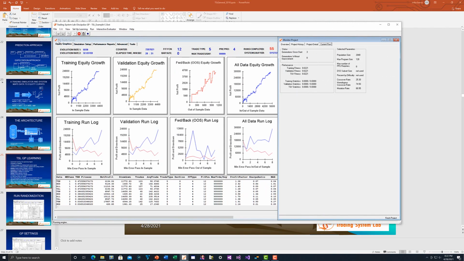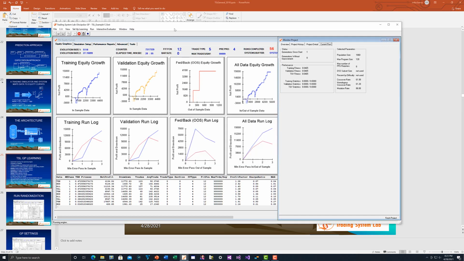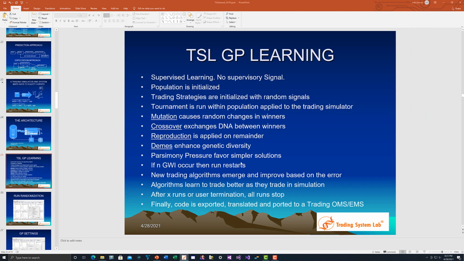Where is GWI? It's under setup learning options right here. I have it set at 1 because I want my GUI to update many times a minute, and for the purposes of this demo. Normally we run that at a higher level, like 3 or 5 or some higher number GWI. So after GWI occurs, the run is reinitialized and starts all over again.